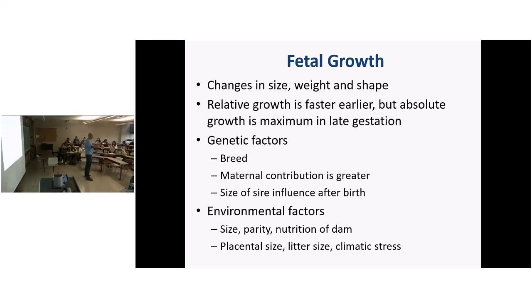And this is, from an applied perspective, a pretty important point. You probably have heard stories of breeds that need C-sections all the time, or breeds that have too many difficult calvings or parturitions, and this tends to be a problem.